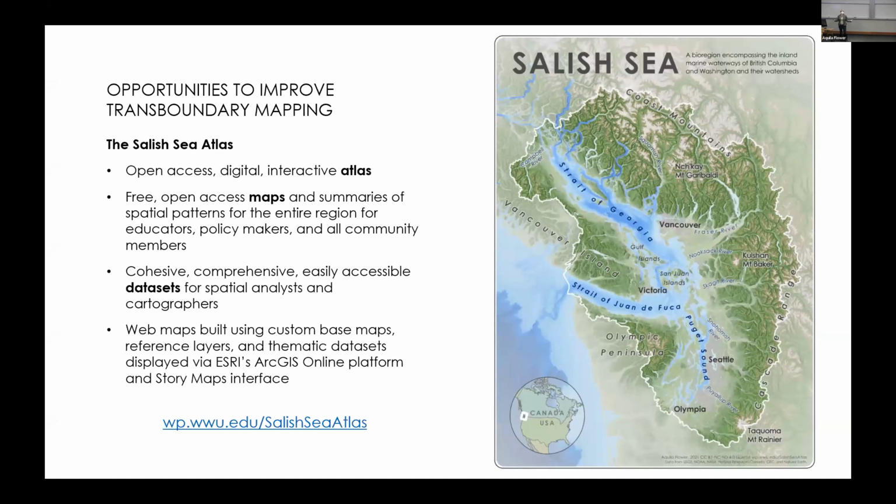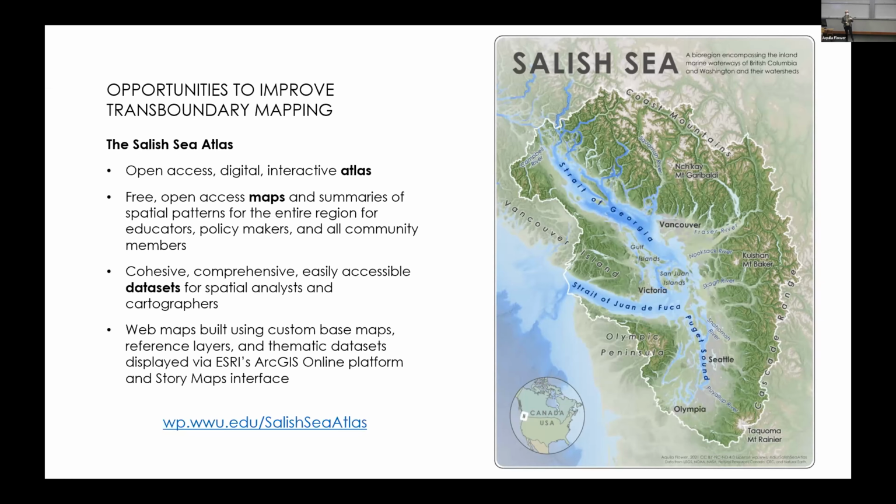So all that list of complaints and needs brings me to this opportunity to improve transboundary mapping for the Salish Sea bioregion. And I'm trying to do that with my contribution of the Salish Sea Atlas, which is a totally open access, free, digital, online, interactive atlas.